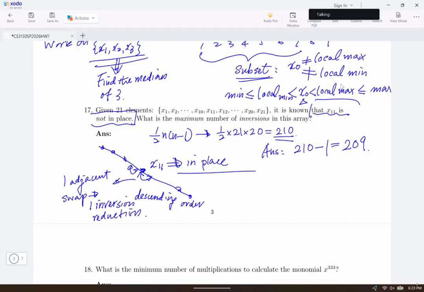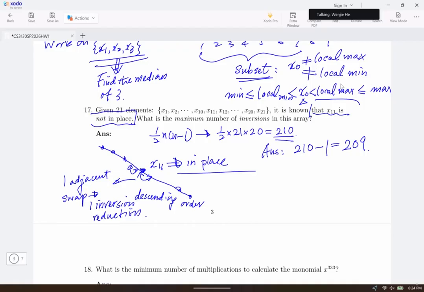Most students skip the second step because they didn't realize the input corresponds to the maximum number of inversions, which is in descending order. Then X11 sits right in the middle in the descending order case, in place. They didn't realize this fact.